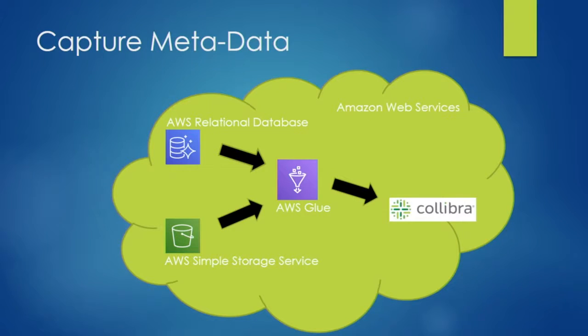So it will capture a field name or a column name, and it will try to determine the type of data that's in that column, whether it's an integer or a string or something like that. And then it stores that data into a metastore. It's actually an Apache Hive metastore. And it's also stored in this data governance module, which I spoke about, which is called Calibra, and I'll speak more about that in a moment.